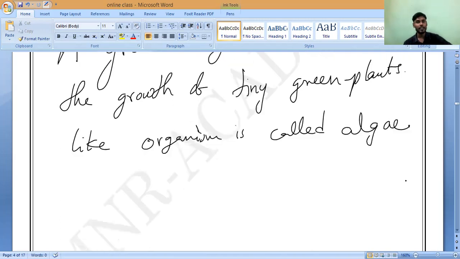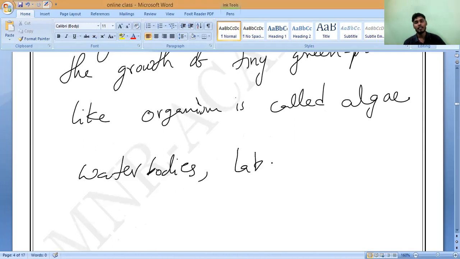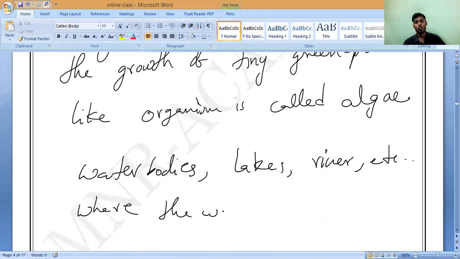So where will it develop, and when will it develop? It develops on the surfaces of lakes, ponds, water bodies, and even rivers where the water is stagnant.